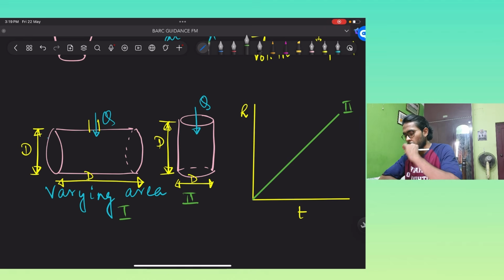Now for the first case, can you draw the area here? Pause the video and try. At any time t, the height, if this is the height when it is filled, let me draw it very carefully.